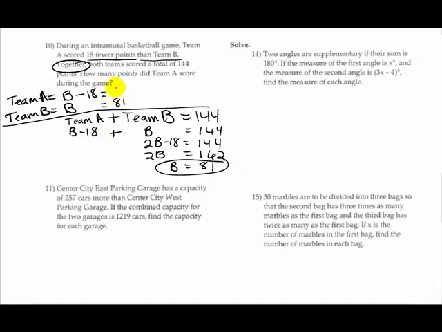Team A is 81 minus the 18. Okay, and then all they want to know is Team A. But we need both of these so we can add them together and check for 144. So it checks.